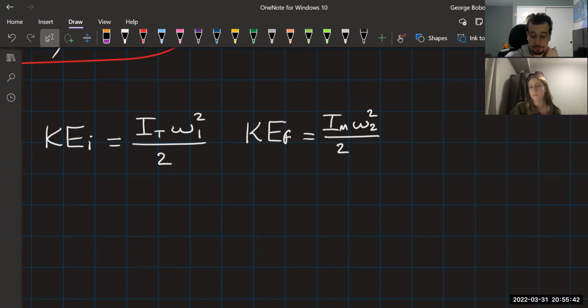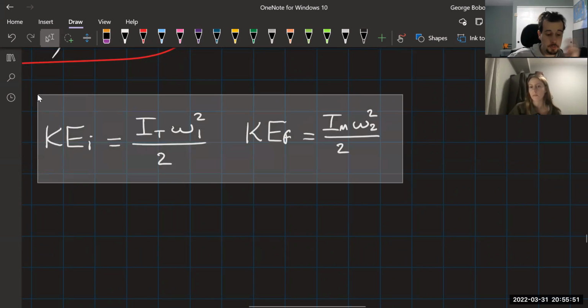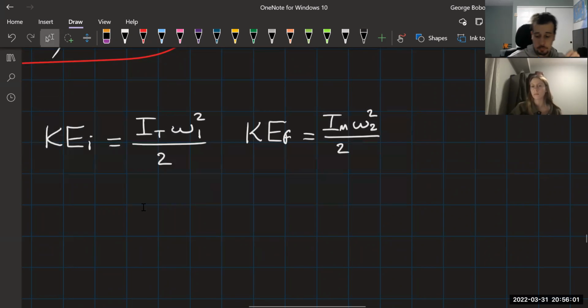It's making it spin faster. So again, there's going to be a difference between these two, and whatever the difference is, whatever was wasted by friction as the child is moving from edge to center.